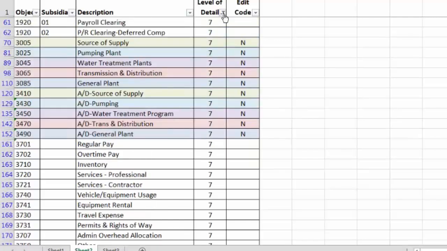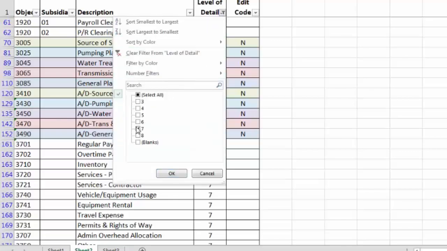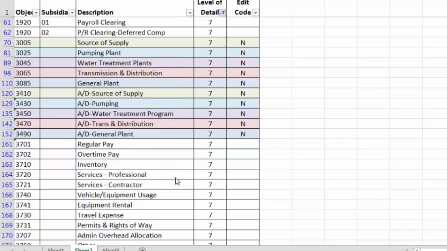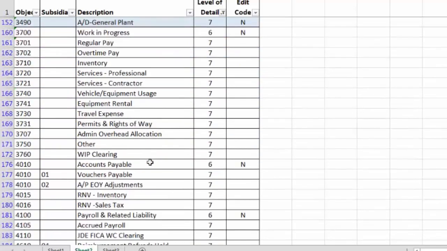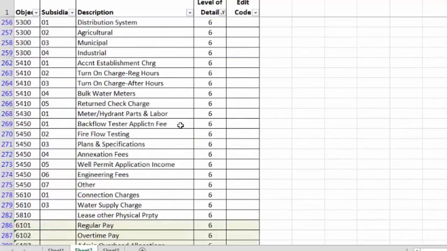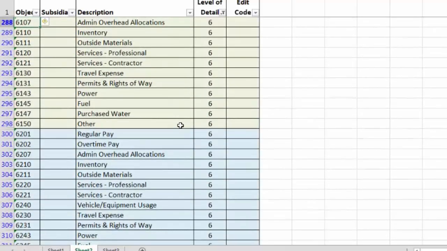However, if I expand this just a tiny bit more and I say give me level 6 and 7, I'll be able to see the net book value for my assets for a particular group. I will also be able to see my expenses for that group.